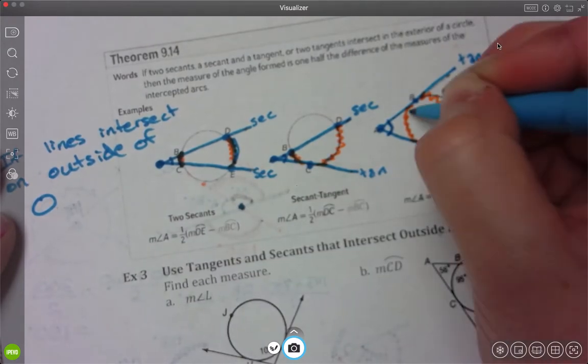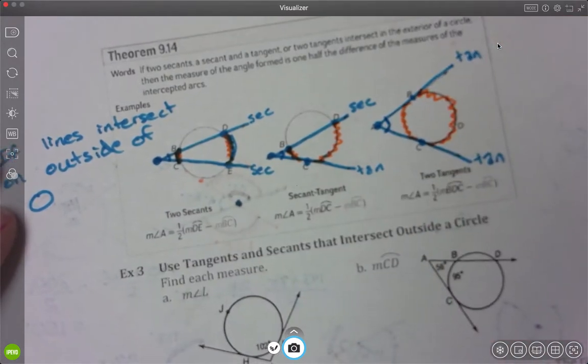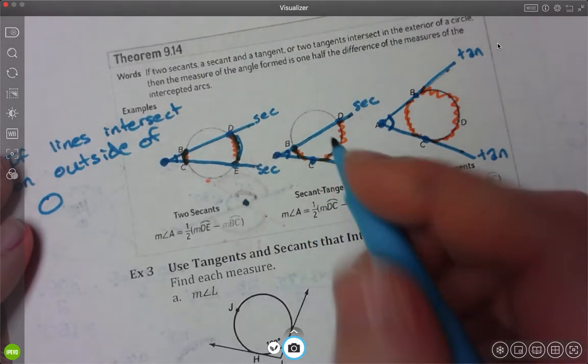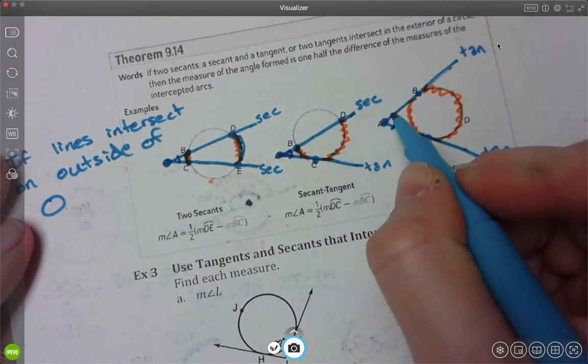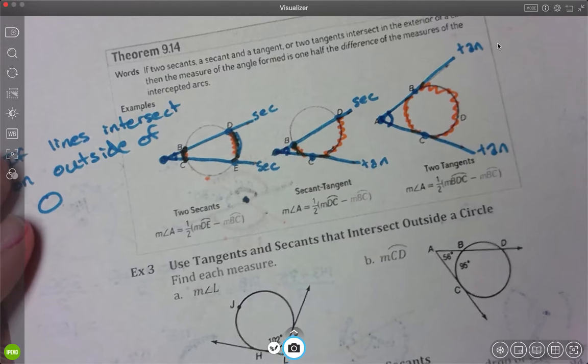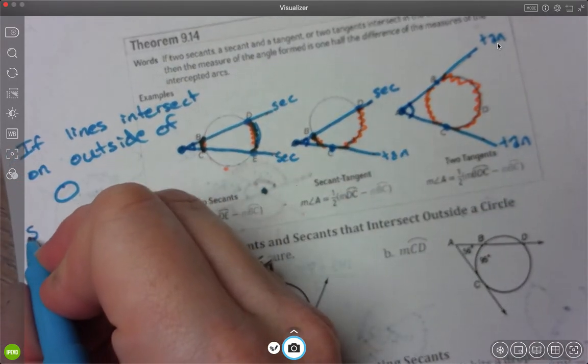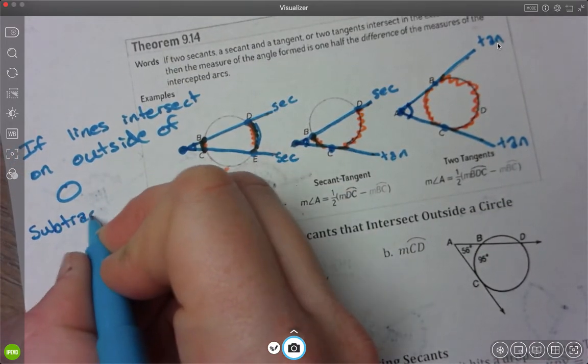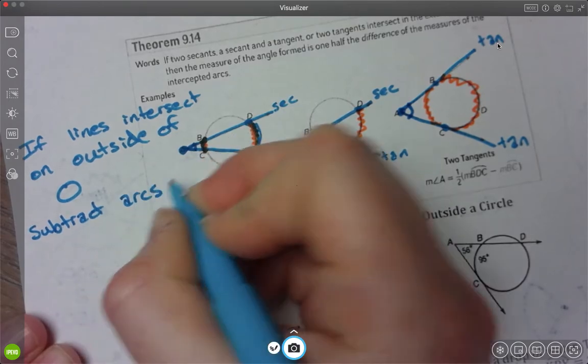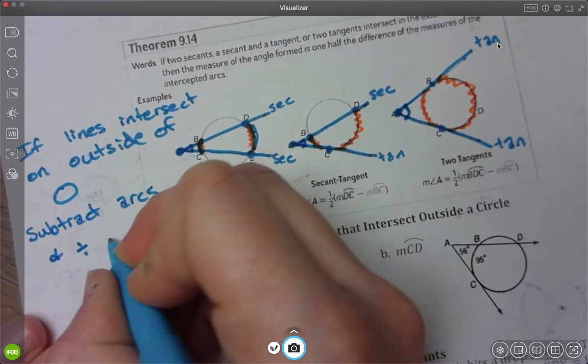This large one minus the small one divided by 2. And that will give you the measure of this little inside place where they connect with each other. So I'm going to say subtract the arcs and divide by 2.